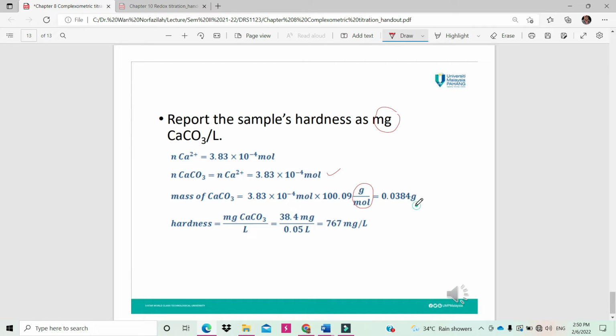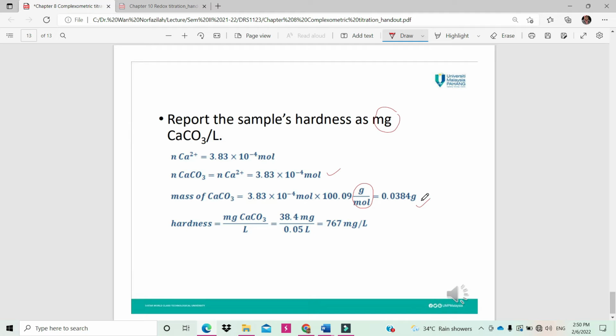Okay, so we get the mass. From this mass, we know that there is 0.0384 gram of calcium carbonate in 0.05 liter or 50 ml of water sample.